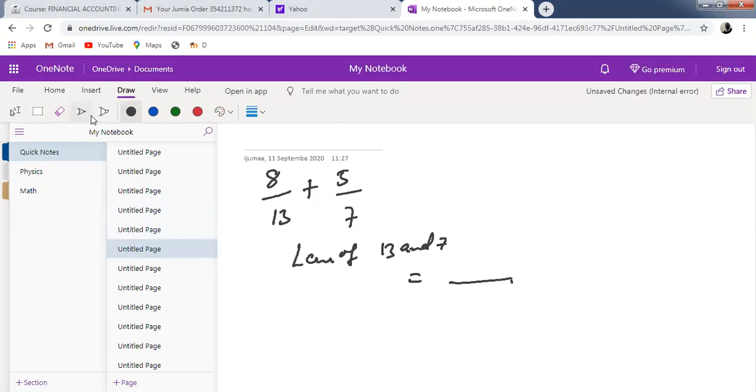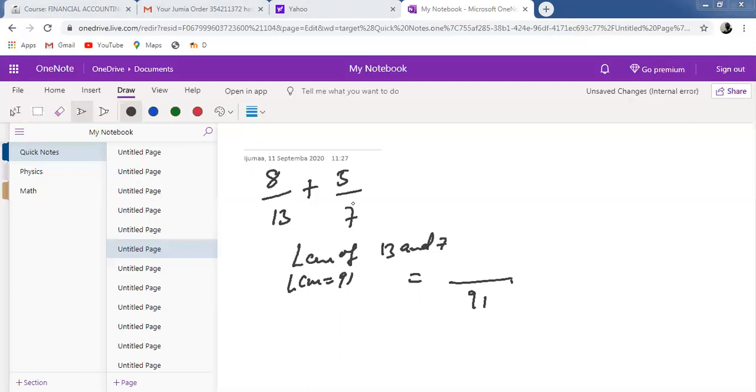So we shall have 91 here. 91 divided by 13, we shall get 7. And then we shall have 7 times 8, which is actually 56.